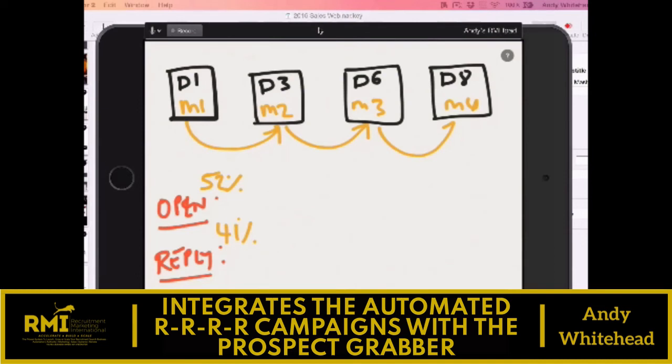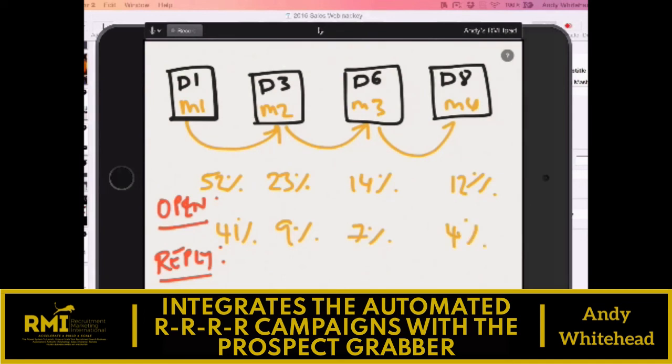Next, message 2. If they don't reply to message 1, they get message 2. On average, that gets a 23% open rate with a 9% reply rate. Message 3 gets a 14% open rate with a 7% reply rate. Message 4 gets a 12% open rate and a 4% reply rate.